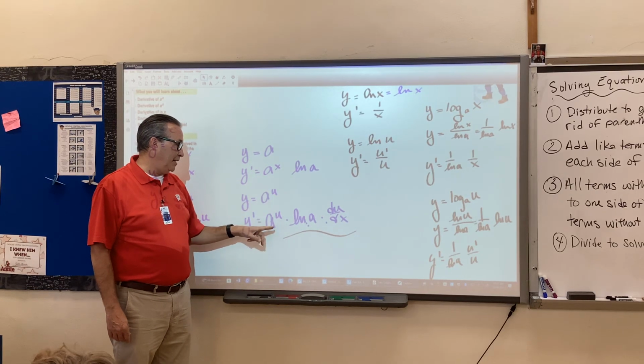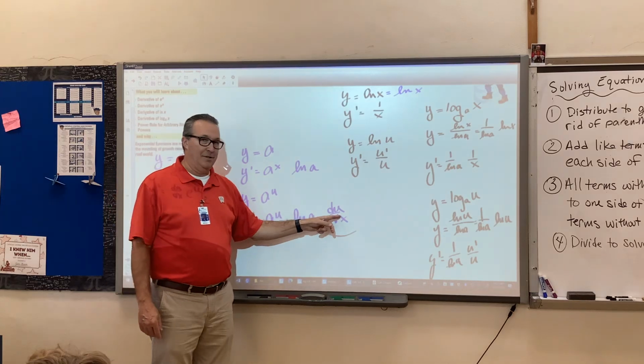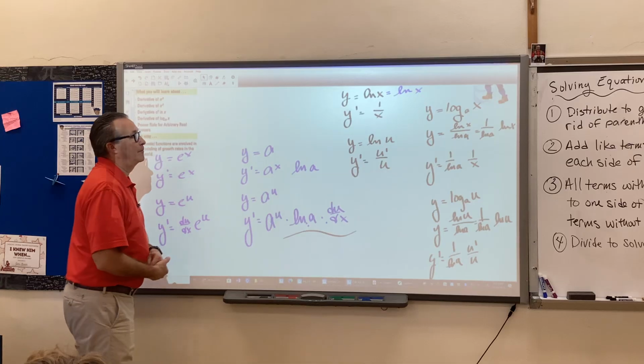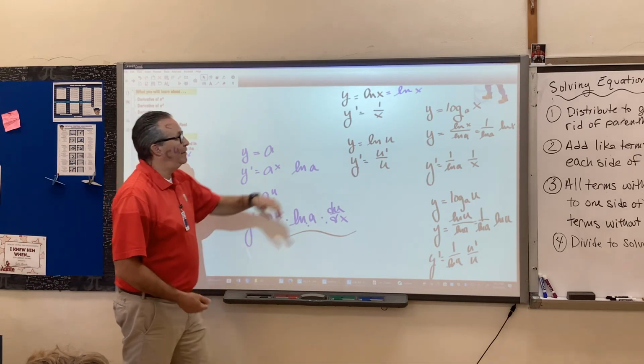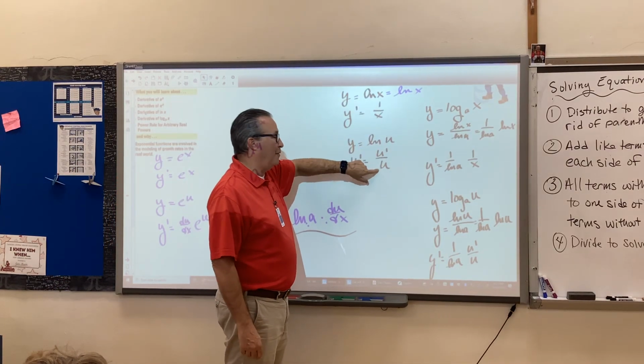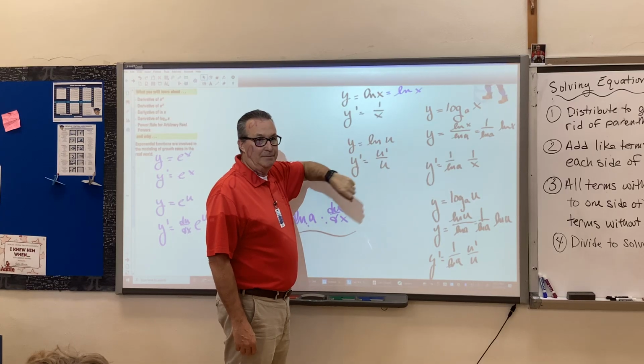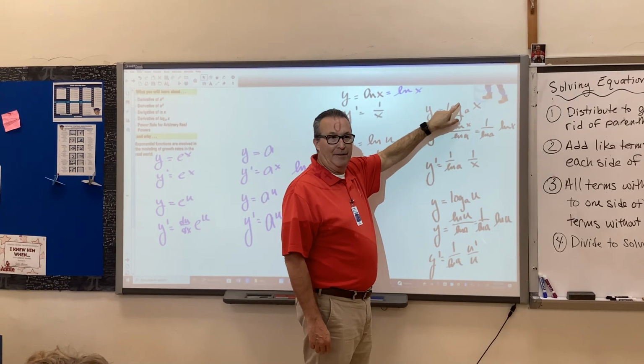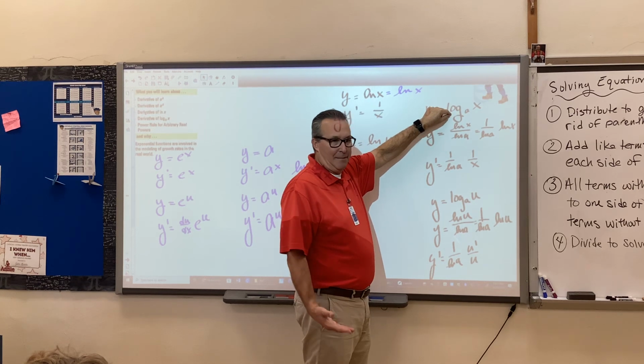And if it's a function, it's the same thing, you have to use the chain rule. The derivative of the natural log of something is u prime over u. That's a simple thing.